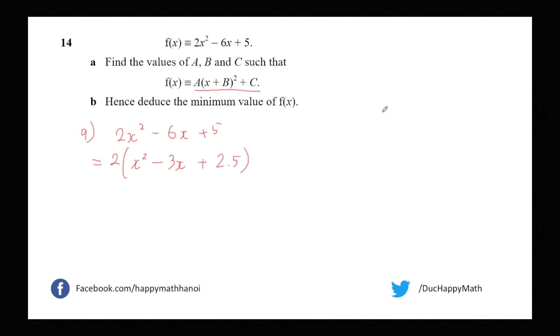This is 2.5, and I will take a 2 outside, and x square minus 2ax, and the number b has to be 3 over 2. So the b square is 9 over 4. I plus 9 over 4, which means I have to minus 9 over 4 and plus 20 over 4.